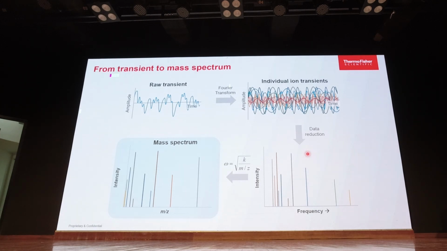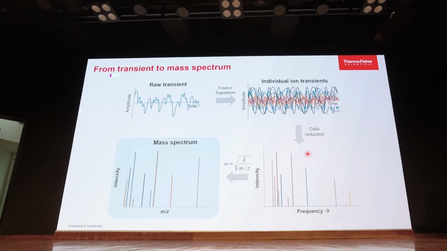So we want to break it down. We use Fourier transform mathematics, which is the mathematical engine that we use. We break it down into individual sine waves, because it's an alternating current that is getting formed. So we break it into individual ions, and from the time domain we convert that into the frequency domain.